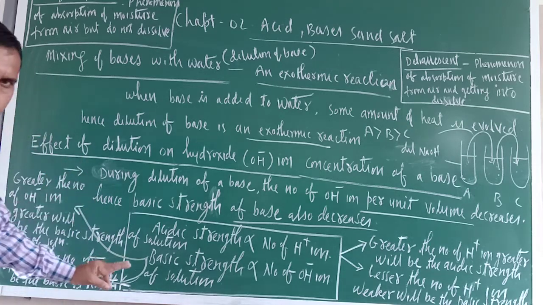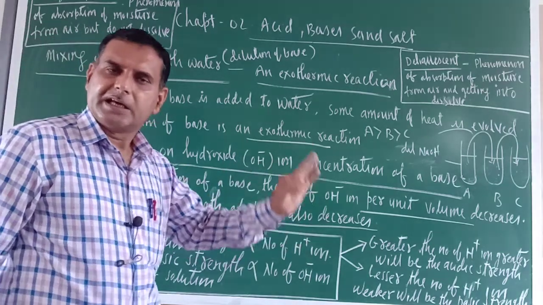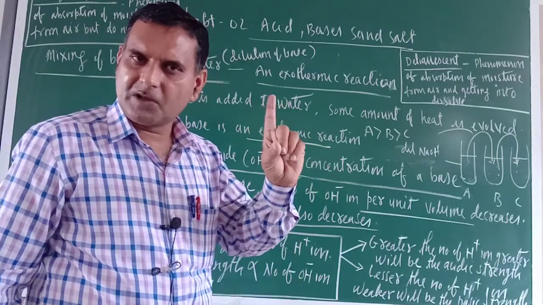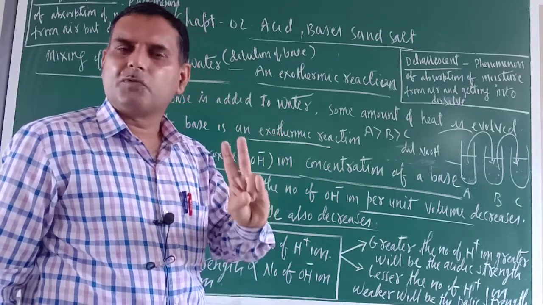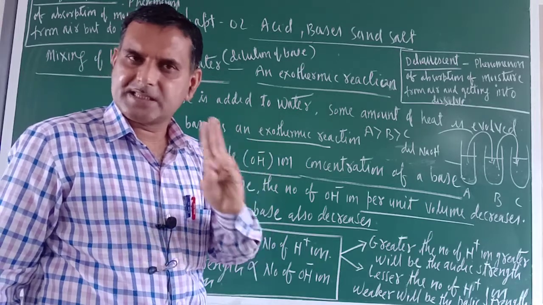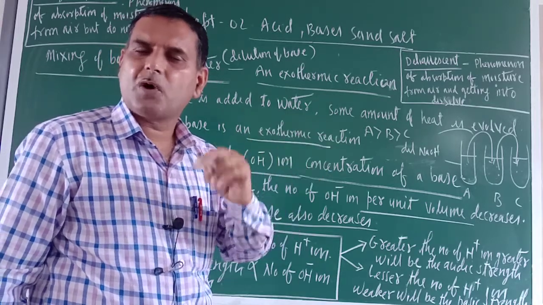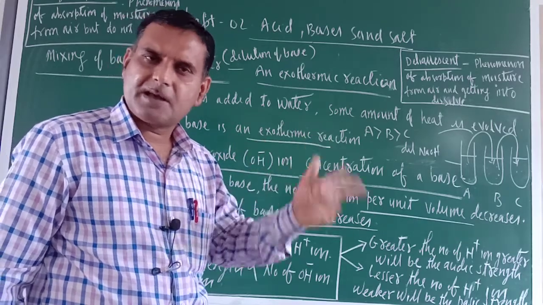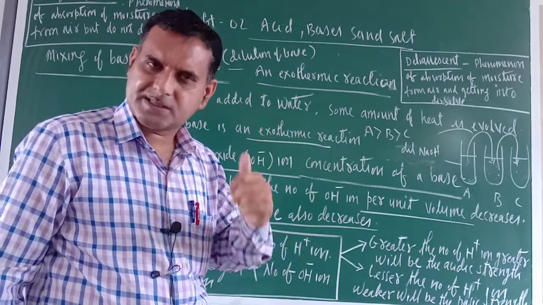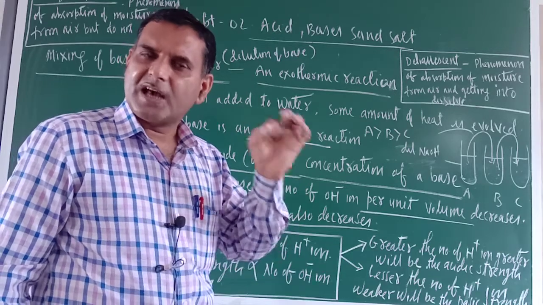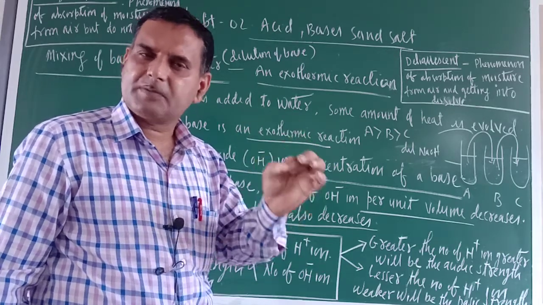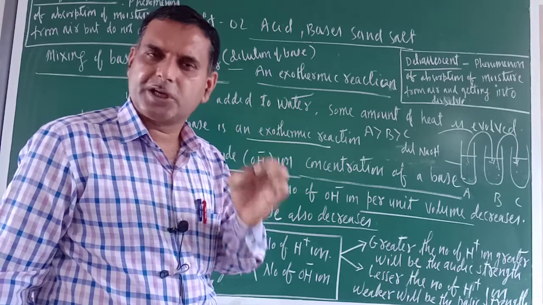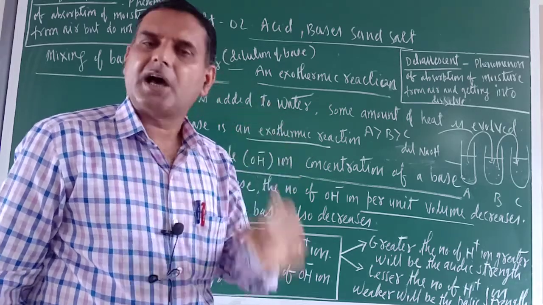Okay, so two things are happening in case of dilution of acid or bases. Number one thing is the per unit volume of solution of acid or base, H positive or OH negative ion is decreasing. H positive in case of acid, OH negative in case of base. Second thing is acidic strength, which is directly proportional to the number of H positive and OH negative ion, is also decreasing upon dilution.